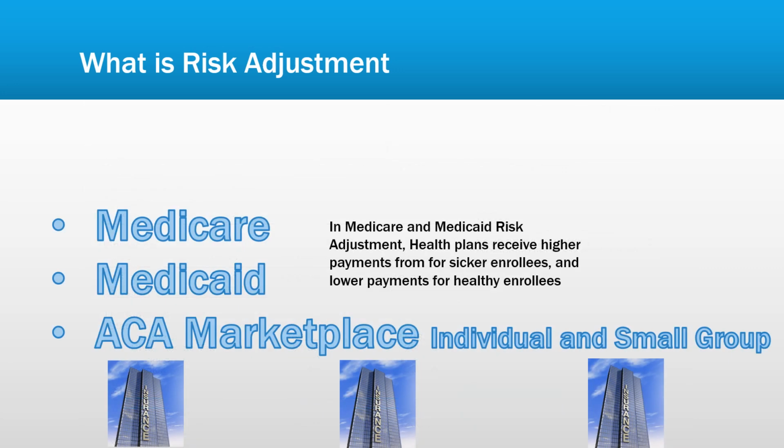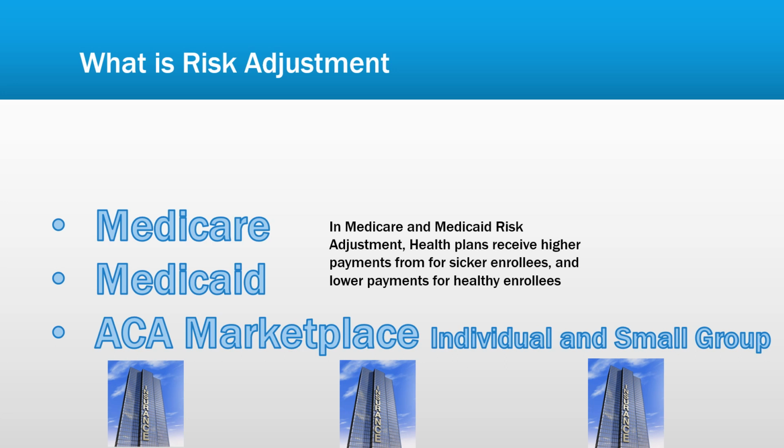Now, there are other coverages besides group health insurance through an employer. Okay, and the risk adjustment is used in these three: Medicare, Medicaid, and the Affordable Care Act marketplace individual and small group plans.